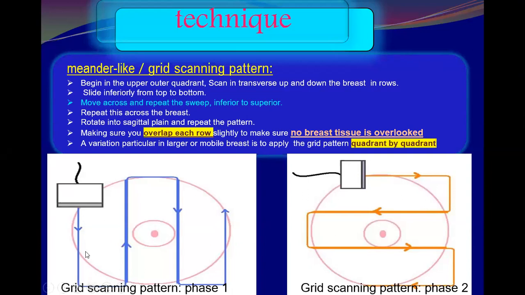After you sweep superior and inferior, sweep from side to side with overlap. You have to overlap. And again, if the breast is small, you can go throughout the breast. If the breast is big, go quadrant by quadrant. Okay, this is the grid pattern or Minder-like pattern.